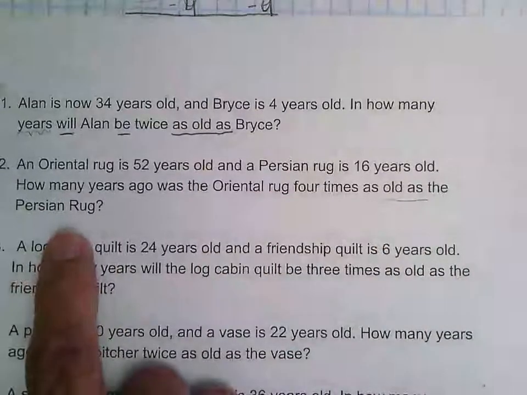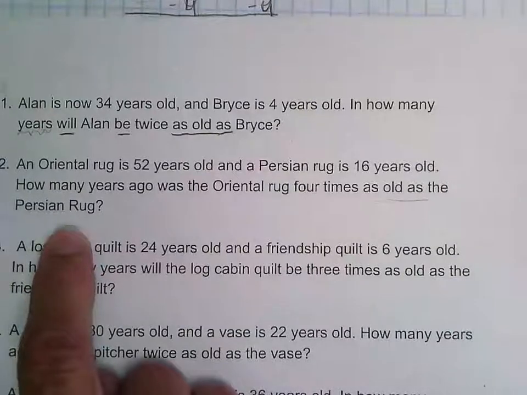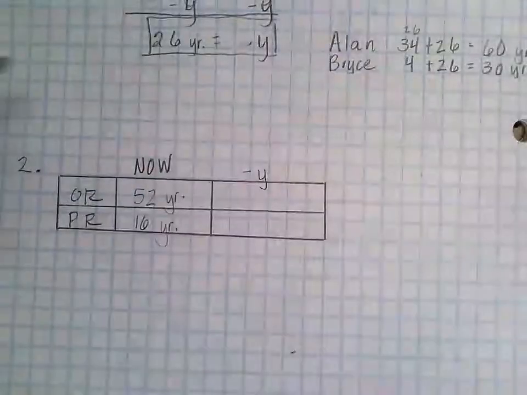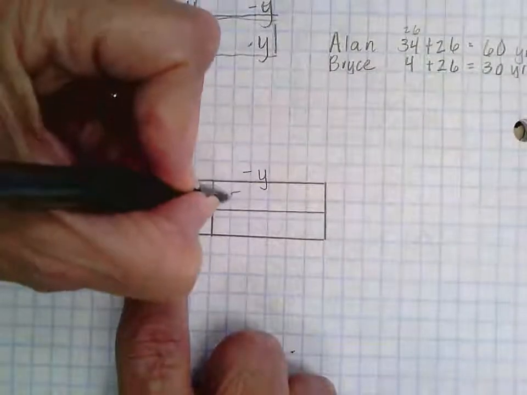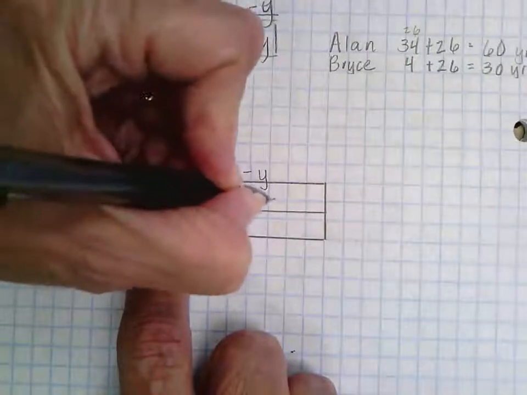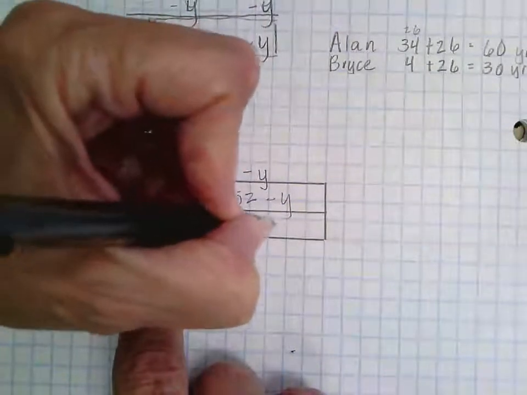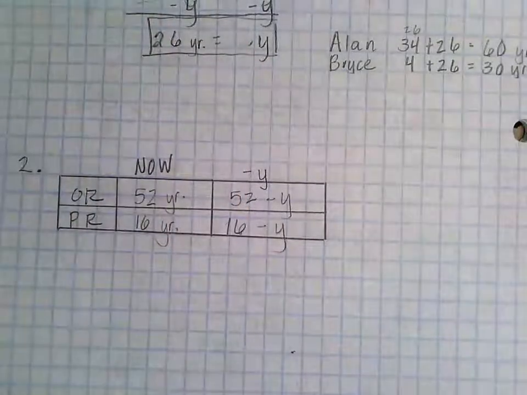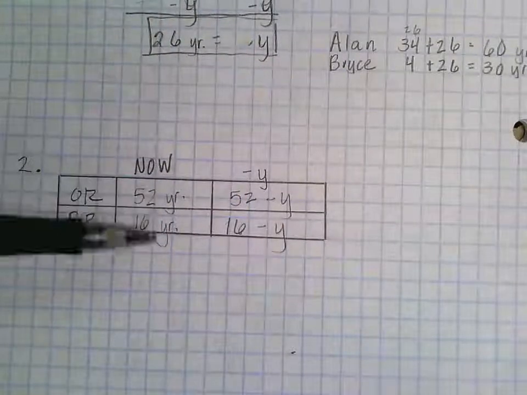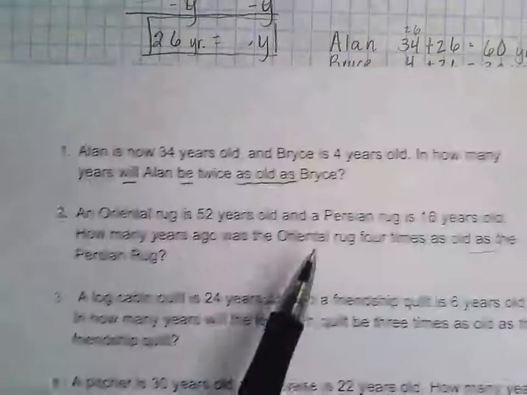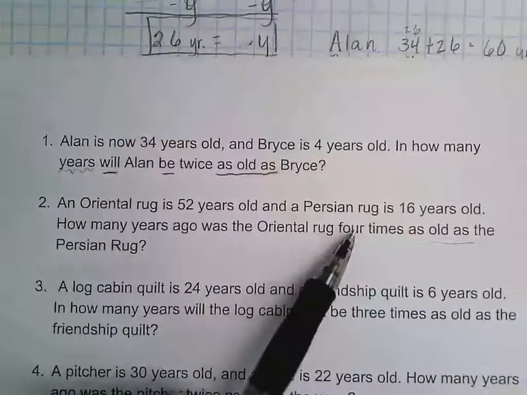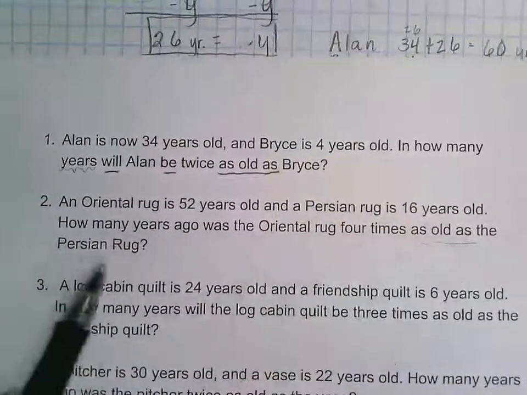the Persian rug. So we're going to want to first set that up: 52 minus y and 16 minus y. And then when we look at this, the Oriental rug is going to be 4 times as old as the Persian rug.